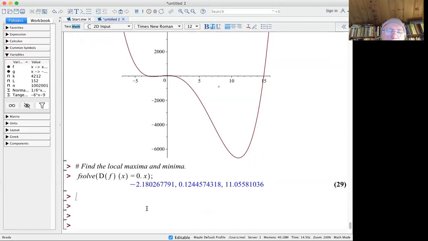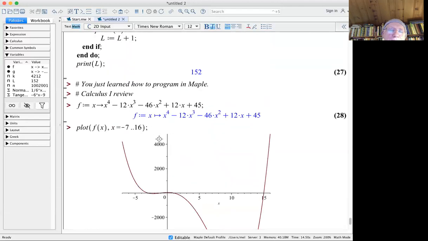So we have 3 points where the derivative is 0. Minus 2, that's going to be around there. 0.1 is about up there. 11's out here. Let's just look at this range, maybe, to get a better idea.